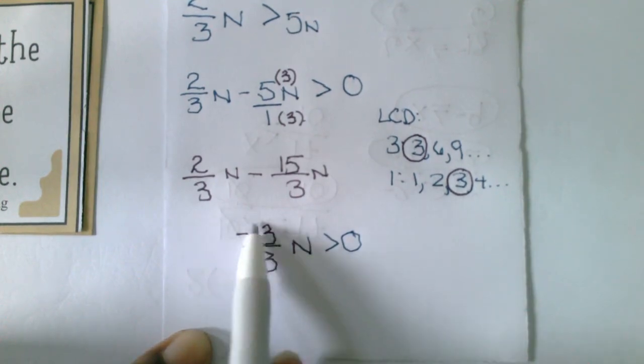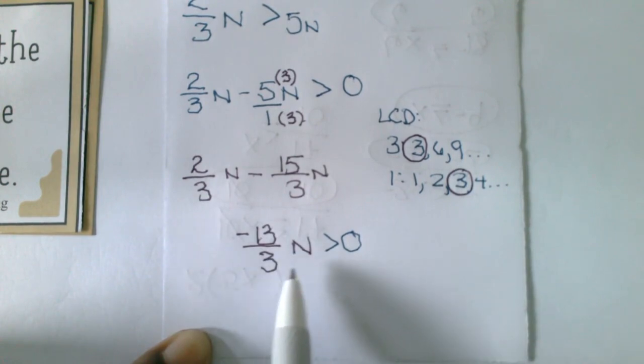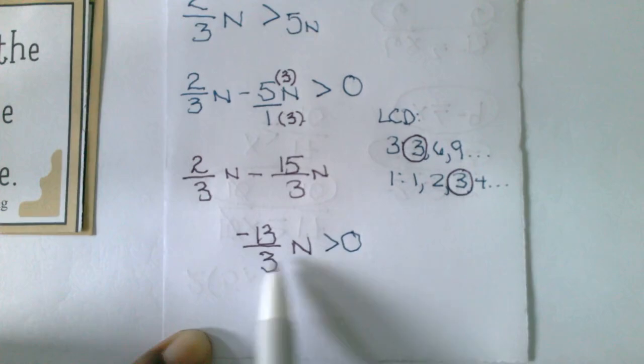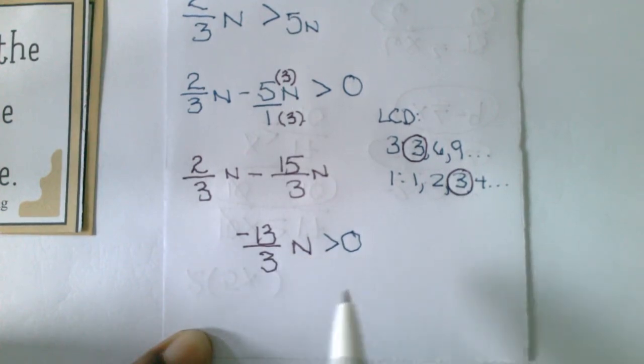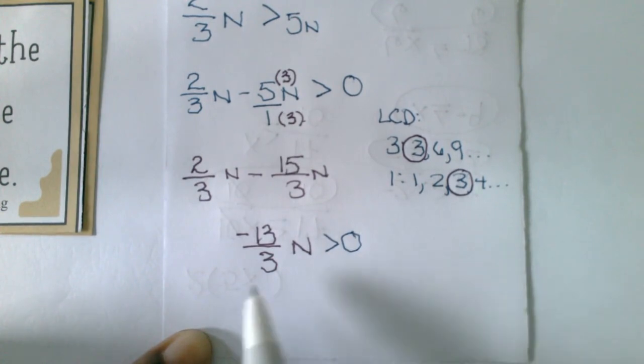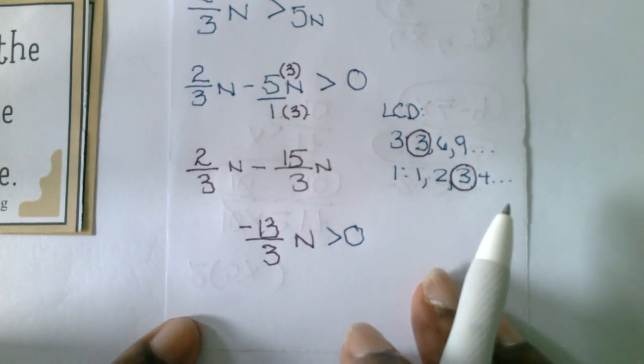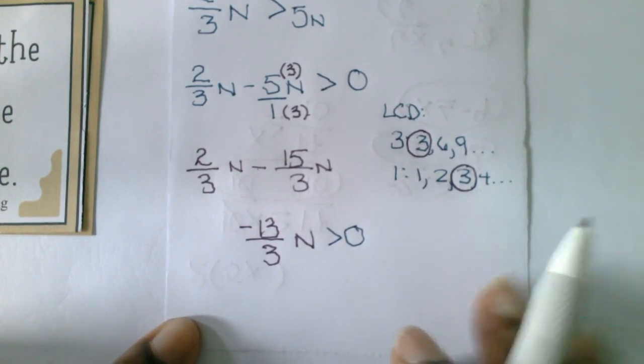So when we are dividing, we're going to have to divide. The reason why: negative 13 thirds times n, that's multiplication. In order for us to get rid of it, we're going to have to do division, and it's going to look like a crazy double-decker. So this is why some people do what's called multiplying the reciprocal.